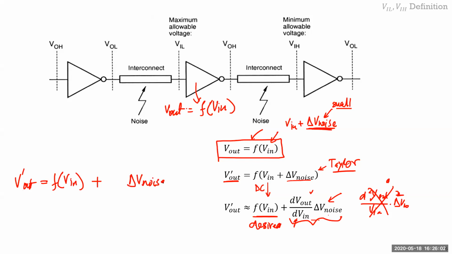You want this term to be less than 1, or minus 1 in our case, because if it is greater than 1, then this quantity would be larger than your input delta V noise, and you don't want that. You want to keep it at least that amount or less. That's the principle behind why we chose this number as -1.